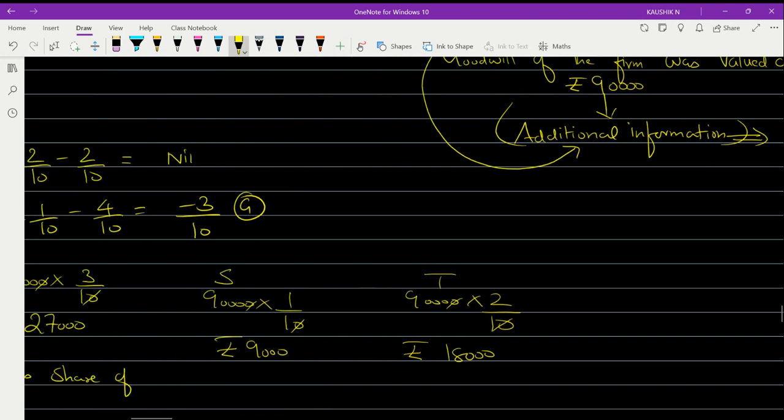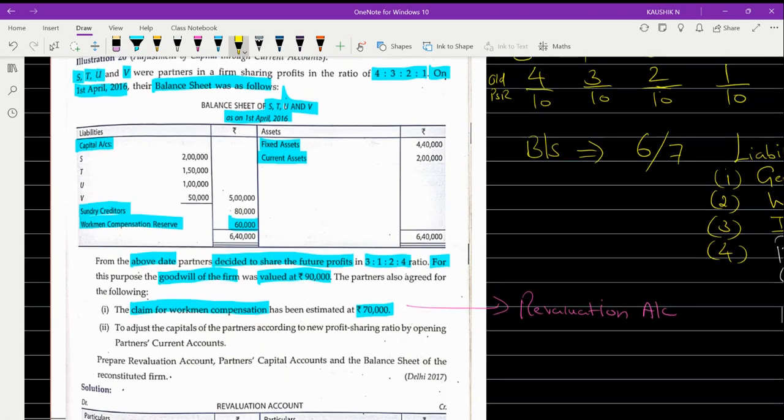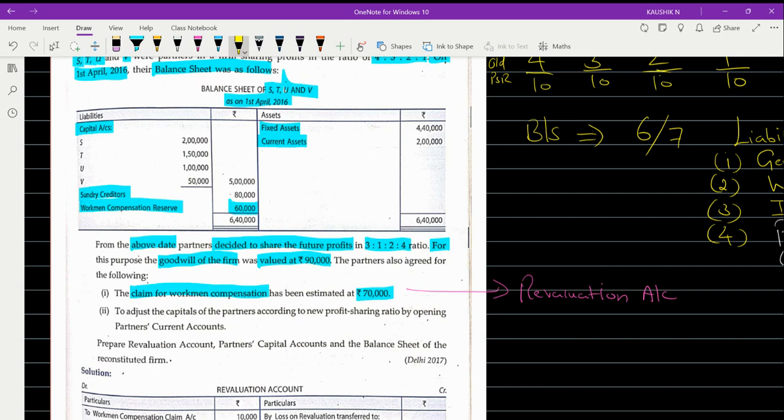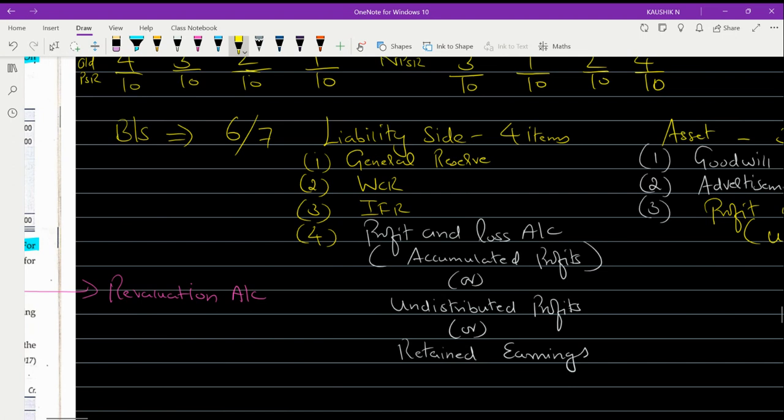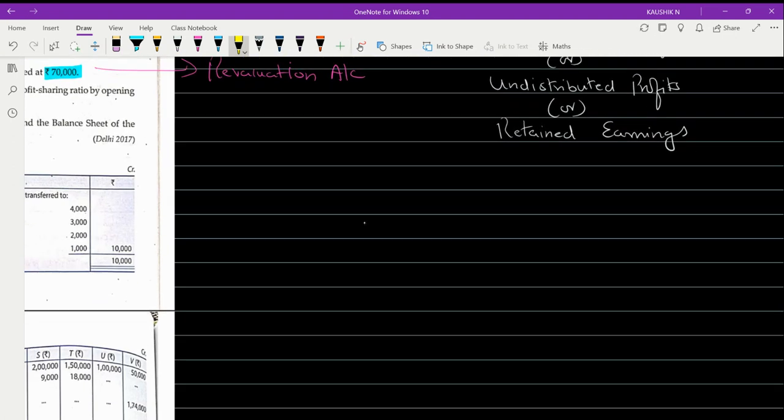Okay. Now you are checking the next calculation, which was given as the claim against the WCR. You have 60,000, but the claim comes to 70,000. So for that, you have to pass the journal. You have to pass two journals. One, the WCR account will be debited, and the revaluation account is also debited.